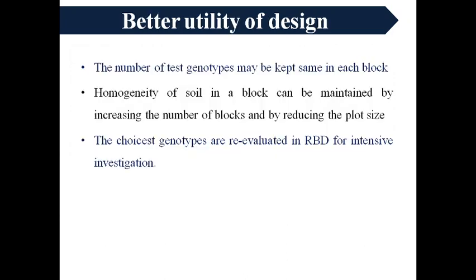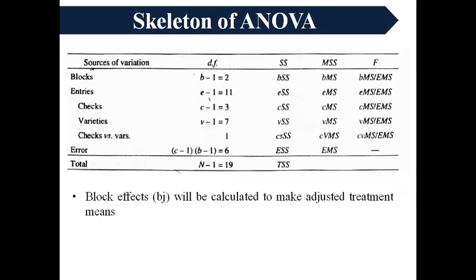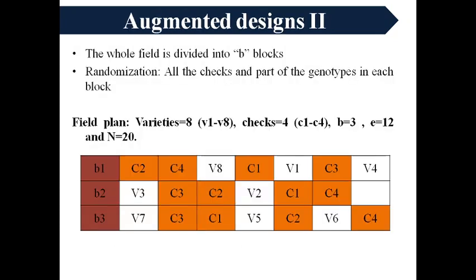And there are a few points to make better use of this design. Generally it is said that the number of test genotypes should be kept the same in each block. In our experiment, in block 1 we have 3 test genotypes, in block 2 we have only 2, and in block 3 we have 3.